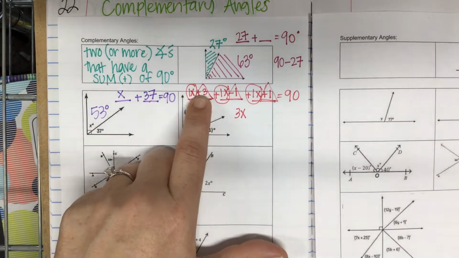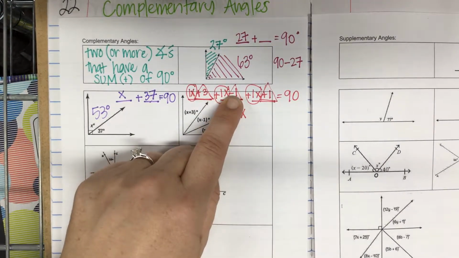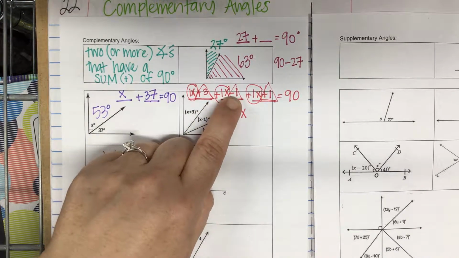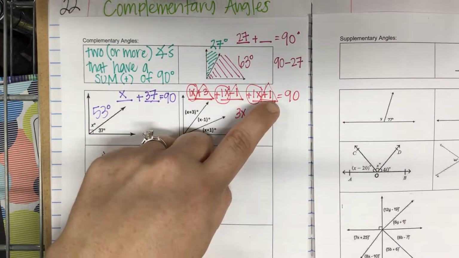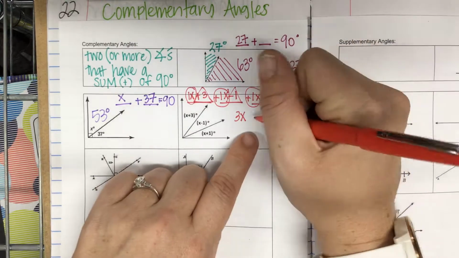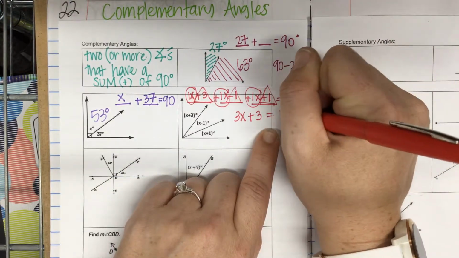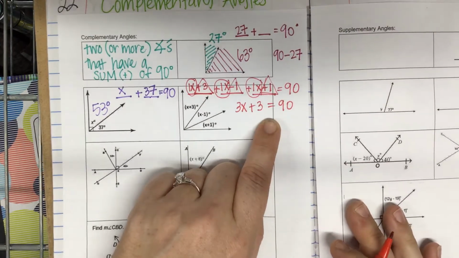What's 3 minus 1? 2. Plus 1 is 3. So plus 3, I know, equals 90.